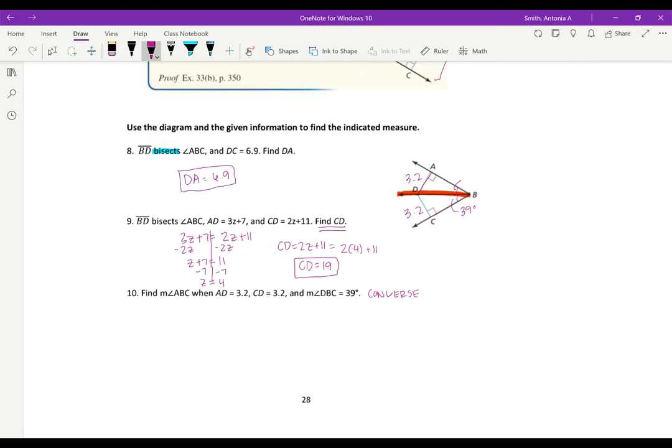So our two sides are equal, so both of our angles must be equal. So the measure of angle ABC is going to be both of those angles together, right? Because ABC is the big angle. So it'd be 39 plus 39, which is 78 degrees.